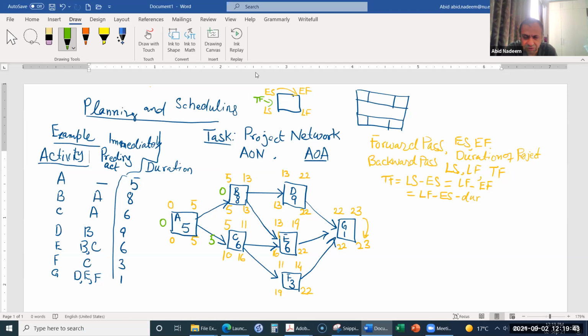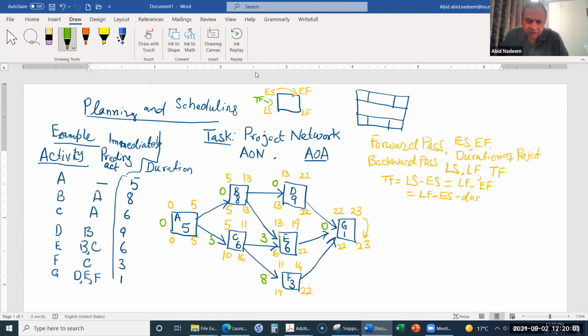Total float of activity D is 0. Total float of activity E is 3. Total float of activity F is 8. And total float of activity G is 0. Okay, so this is the total float.